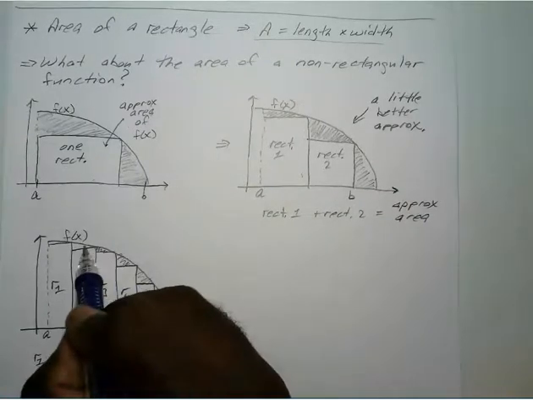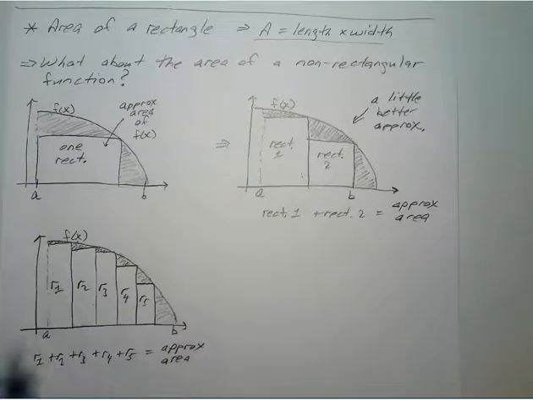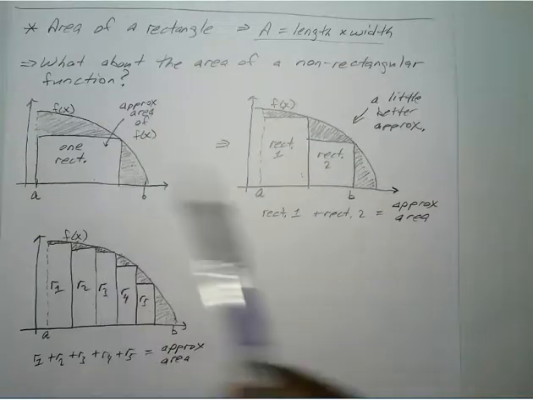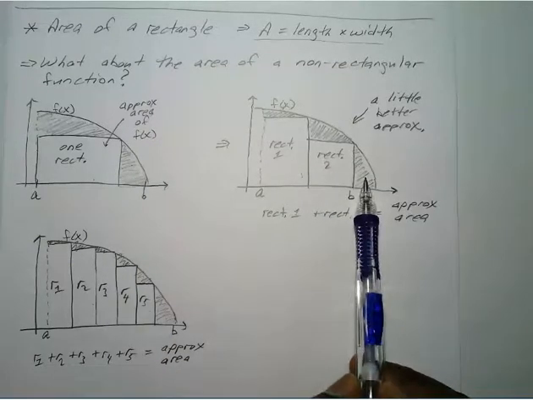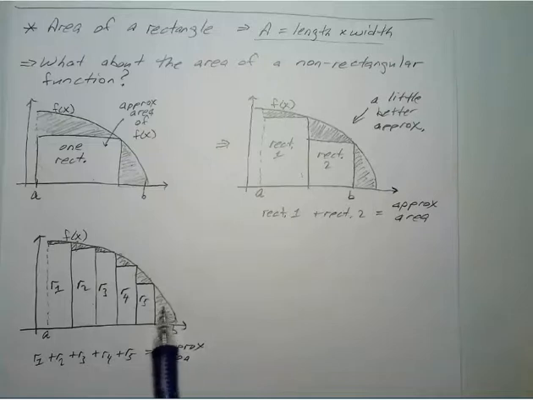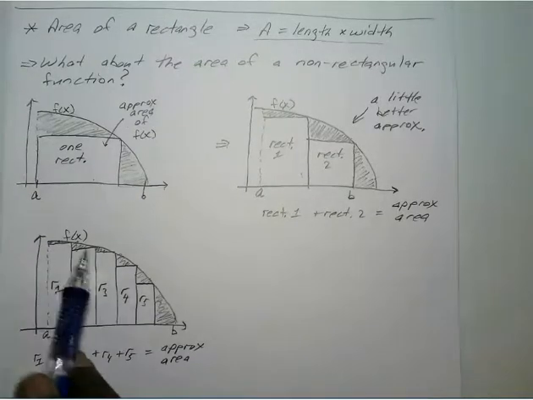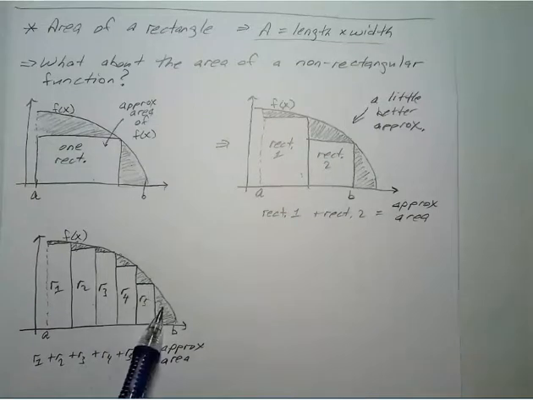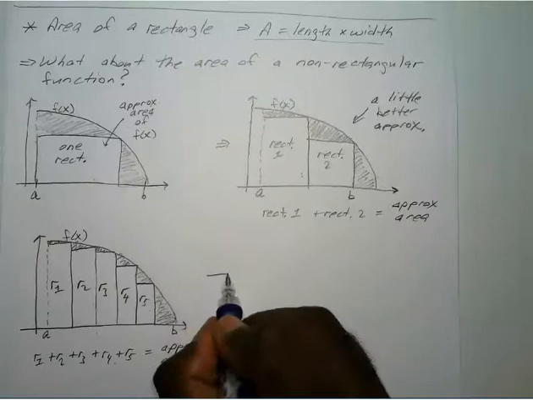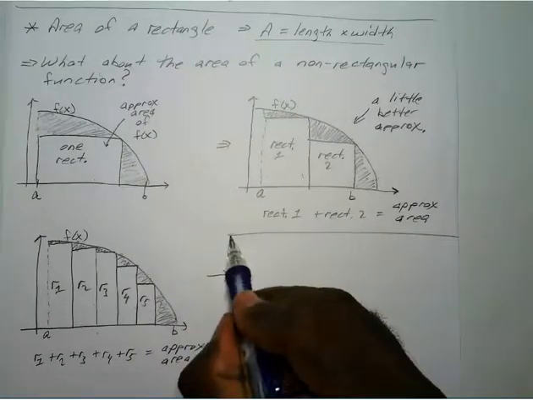We didn't account for those sections because we're using rectangles, but the sections we're missing are smaller than with 1 rectangle and smaller than with 2 rectangles. So the more rectangles we add, the closer we get to the actual area up under here, because the amount that we're missing is getting smaller and smaller. Okay, so if we did a little bit better with 5 rectangles, think about this.